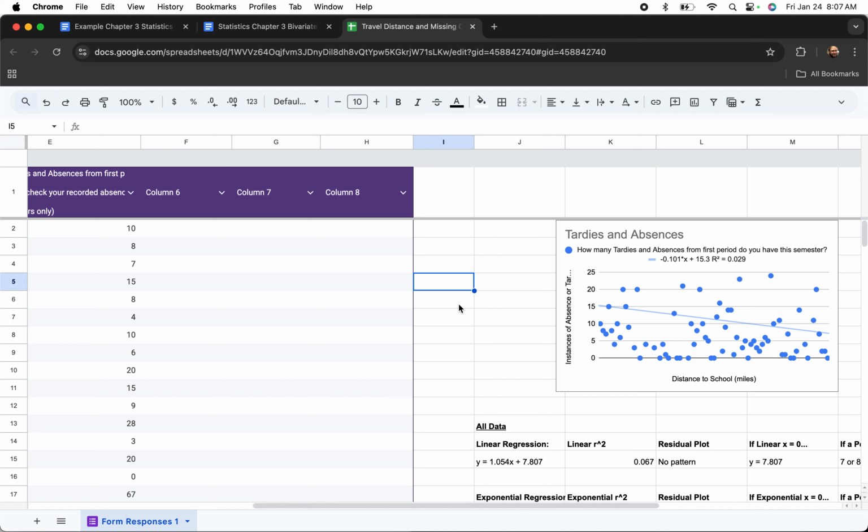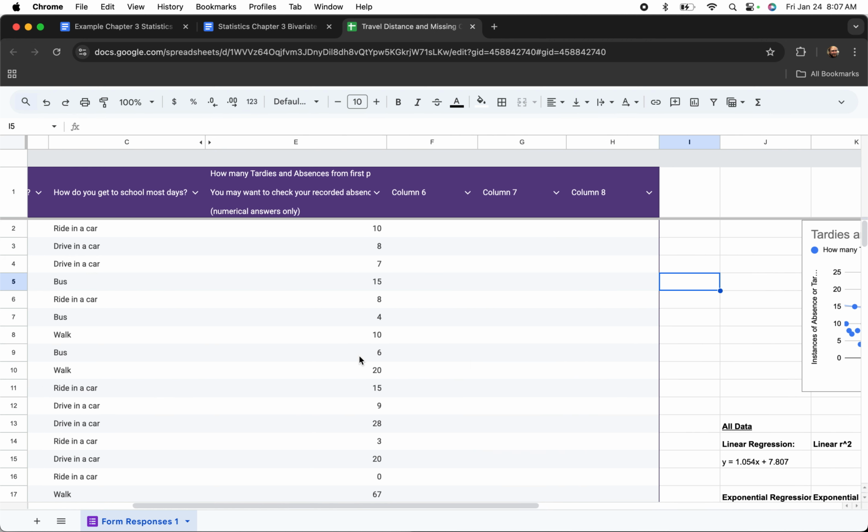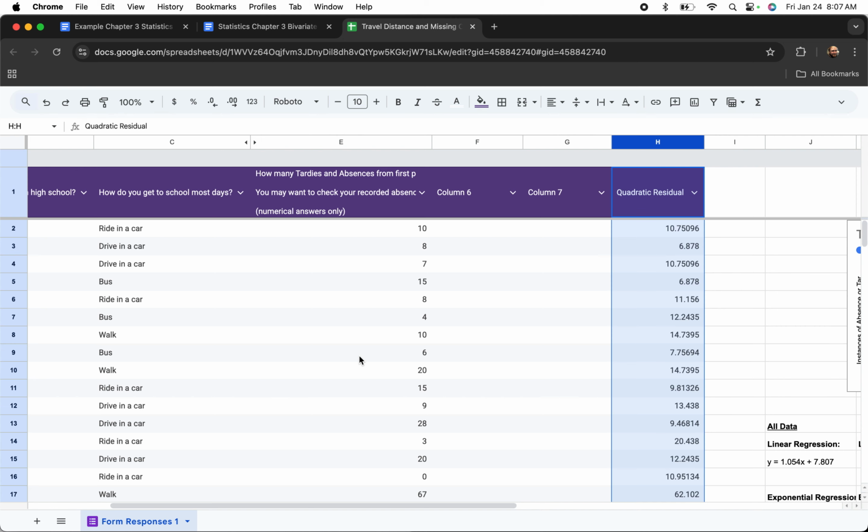So there's my tardies and absences. Again, that's a little bit better. Don't know what happened to my graph there. Oh, I know what happened.